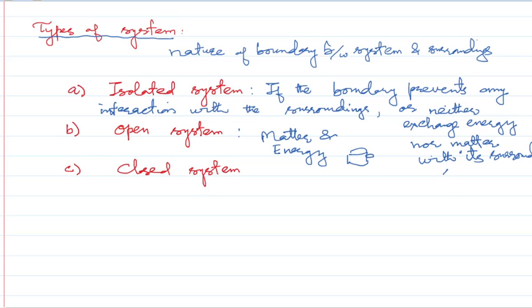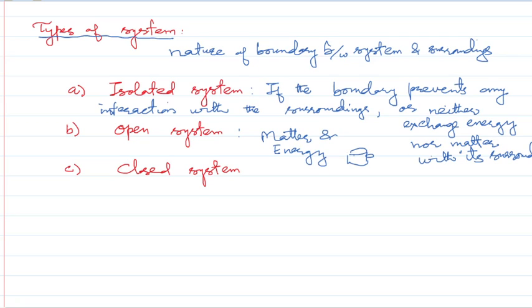Here, in the isolated system, the example will be a cup of tea in a thermos flask. That is not the perfect example, but we are taking that as an isolated system, that it can neither exchange energy nor matter with the surroundings.